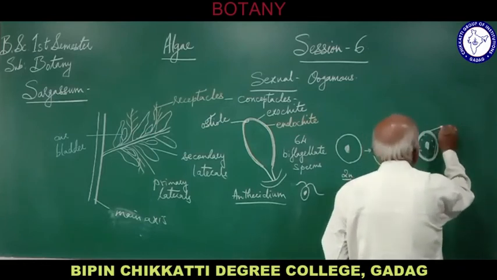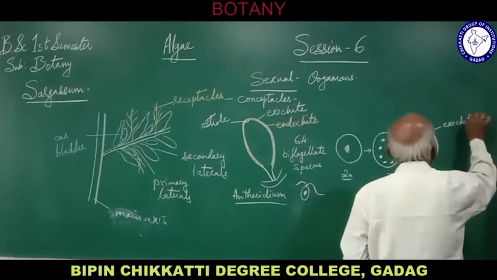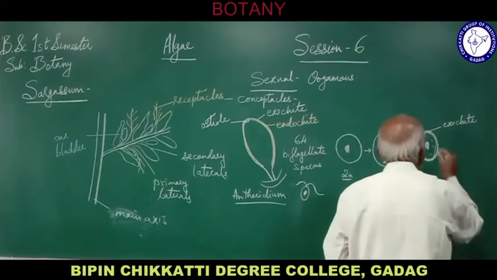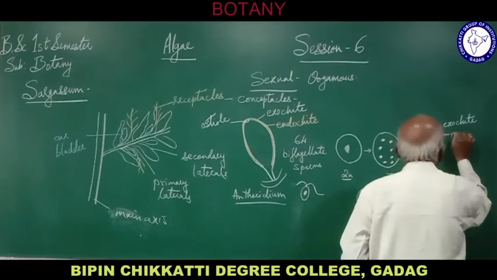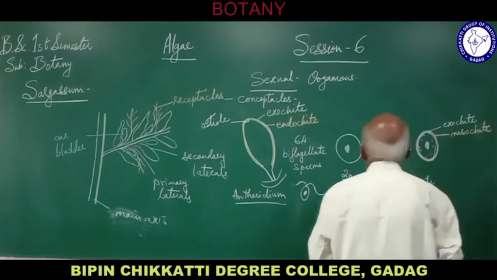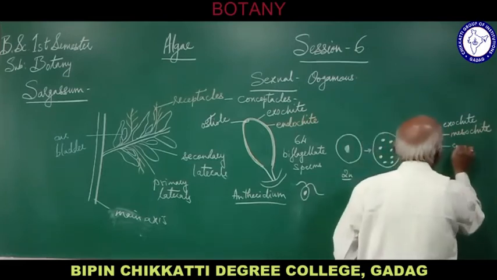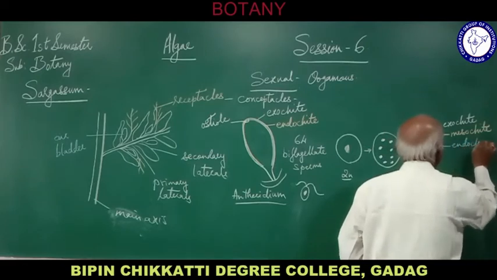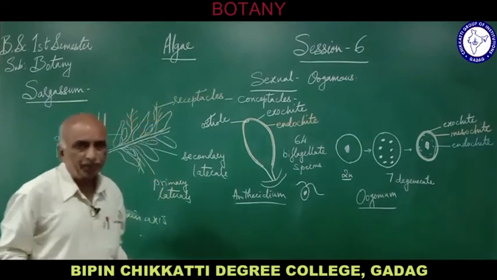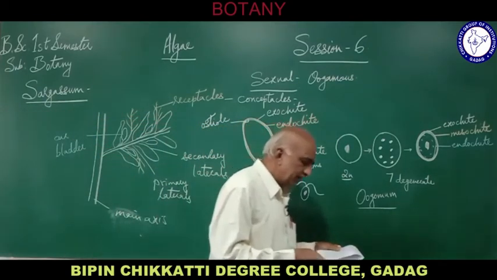So this outer is the exocyte, as in case of antheridium also here we come across, and the middle is the mesocyte, and the inner is the endocyte. So as the antheridium is protected by 2 layers, but the oogonium is protected by 3 layers.